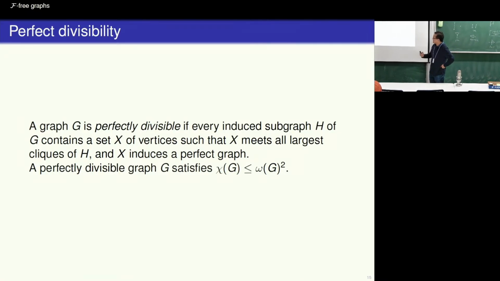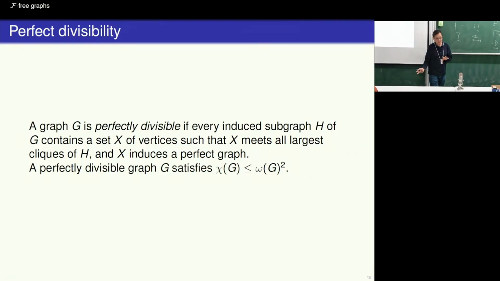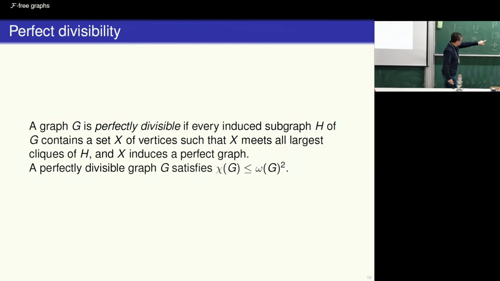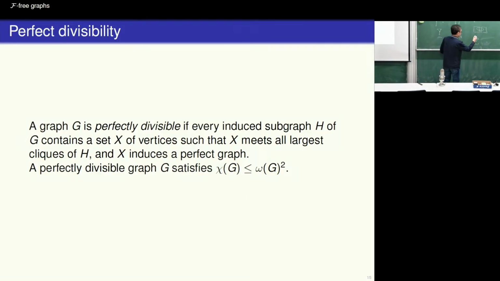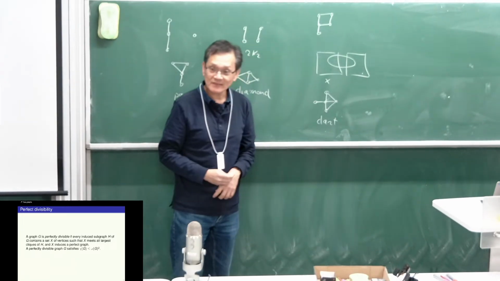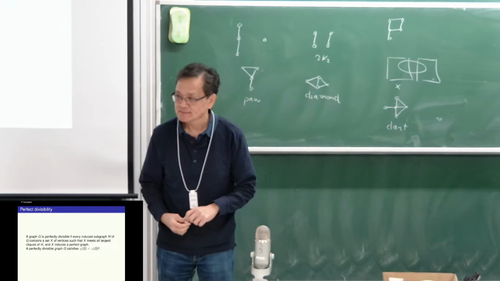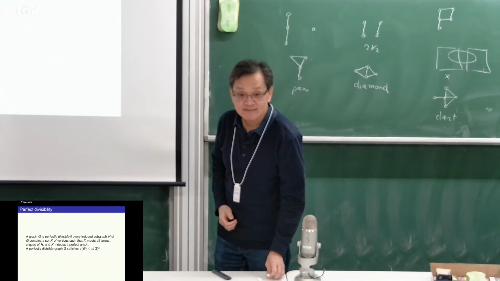So I say that the graph is perfectly divisible if there is a set X such that X meets every largest clique of the graph and X itself induces a perfect graph. So for example, it would be like a 2-divisible graph, except that the set X here is perfect. Okay.